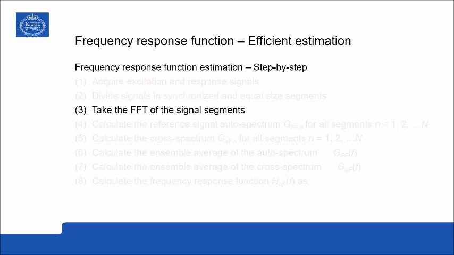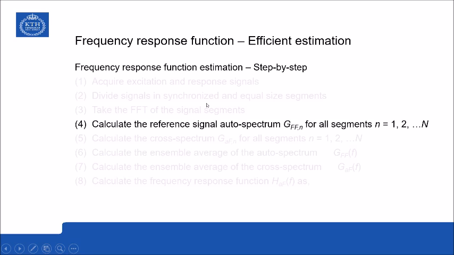Then you take the FFT of the signal segments, and note now that the signal segments must be time windowed. You must apply this Hanning window, for instance, if they are random wide frequency band signals, in order to avoid leakage error.